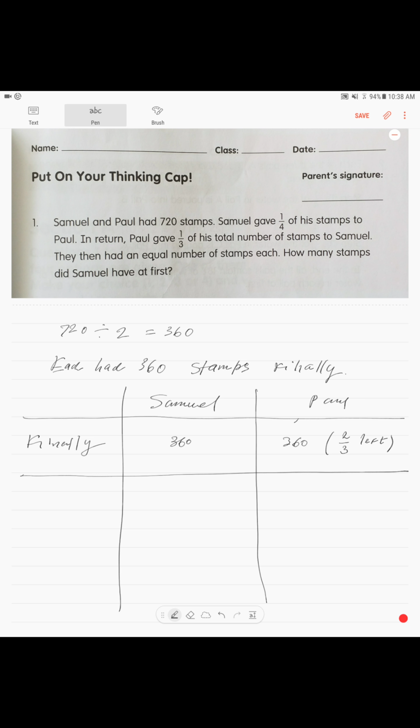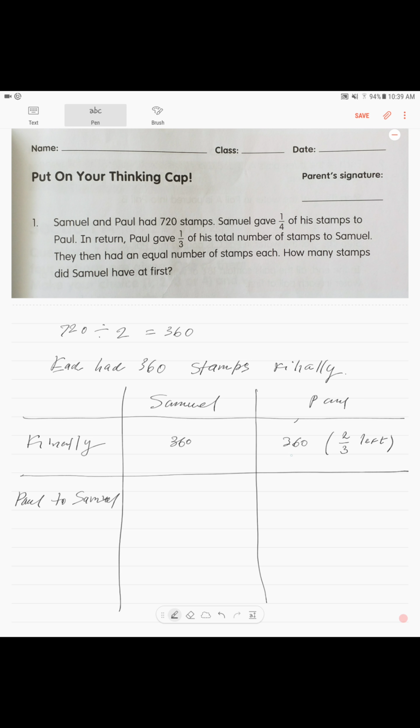So we go one step before. Paul gave 1/3 of his total number of stamps to Samuel. So let's write it: Paul to Samuel. So what is one?